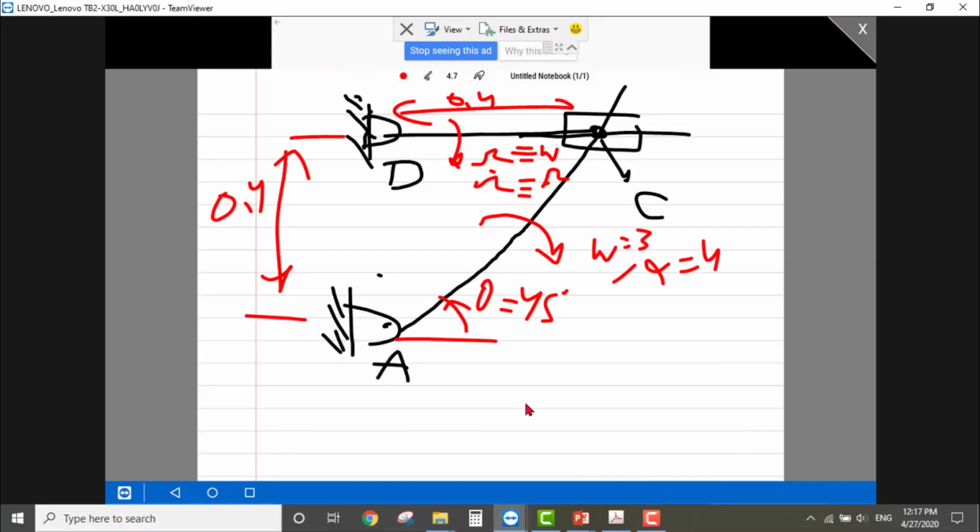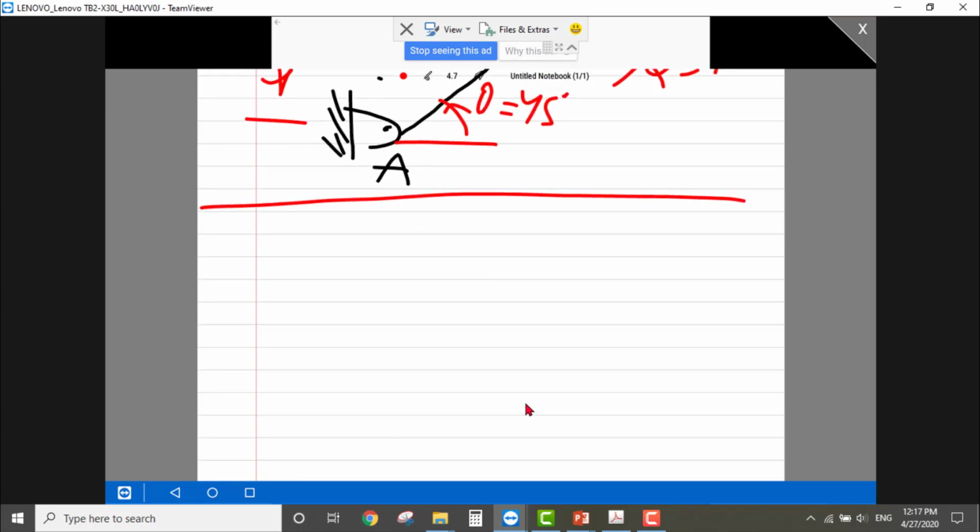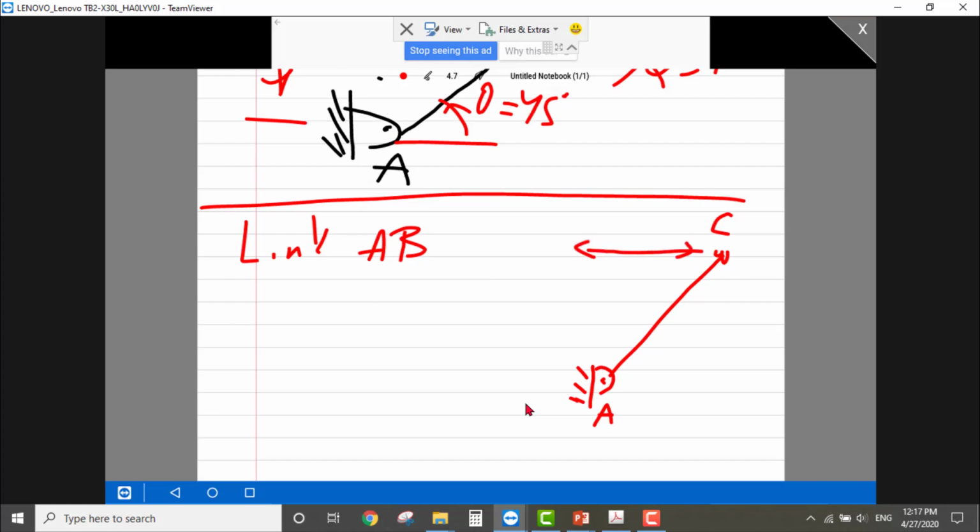So as we agreed, let's start with the link AC. I'll not use C, I'll use B, but I will draw this link until I reach point C. So here is A, and here is C. This length is given, which is 0.4, and this length is given, which is again 0.4, and this angle is 45.